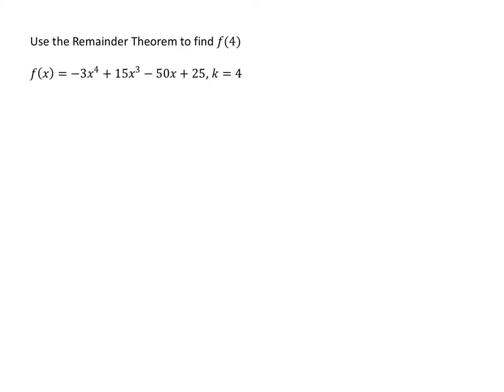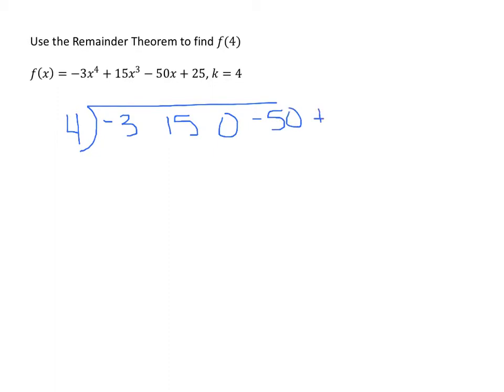So here we're using the remainder theorem and synthetic division to find f of 4. k in this case is therefore equal to 4. So we can set that up. There's 0x squared, so I need to make sure I put that in. Oops, I don't need that plus sign.